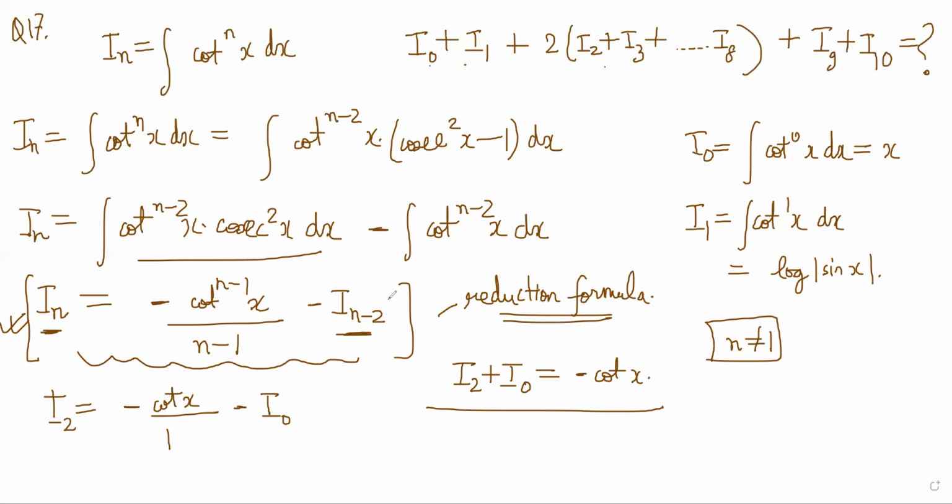So get used to applying integration by parts to reduce an integral from a higher level integral to a lower integral. Right now we have this formula, and by putting n equal to 2, we got this result, right? Let's see what other results we can get. We get I2 plus I0 is equal to minus cot x, and then for n equal to 3, we get I3 plus I1 is minus cot square x by 2.